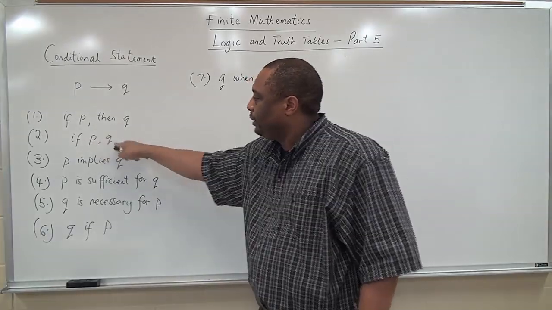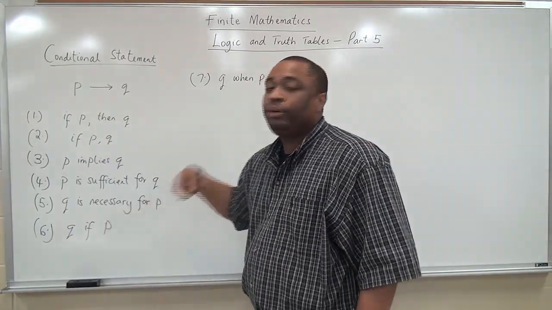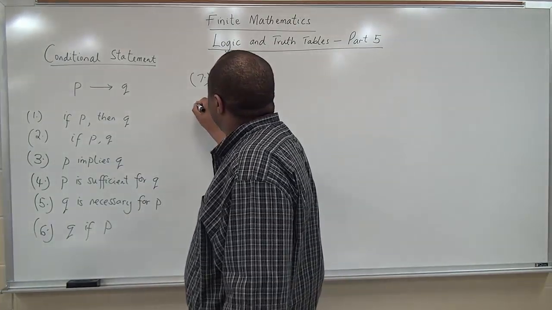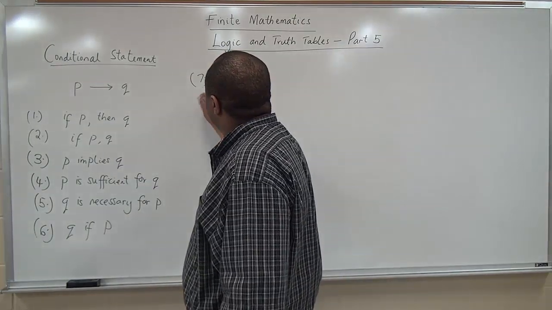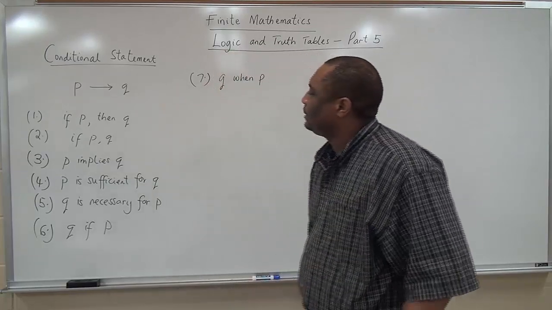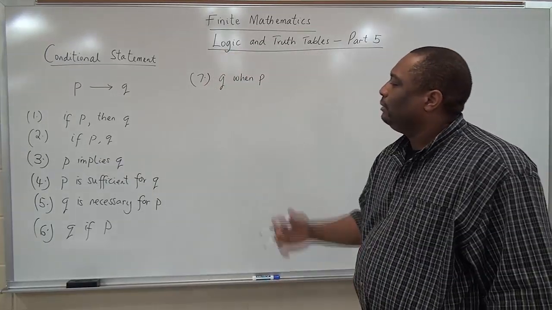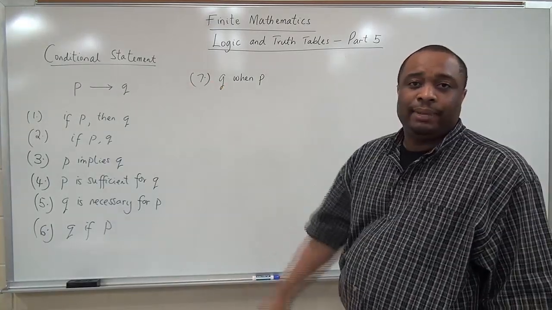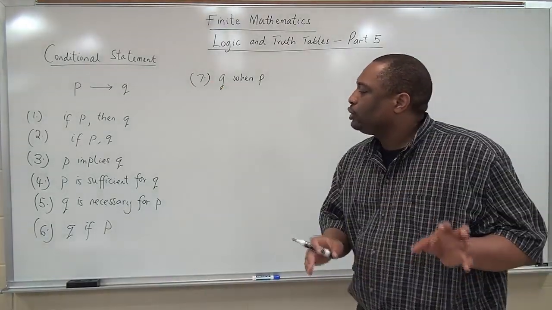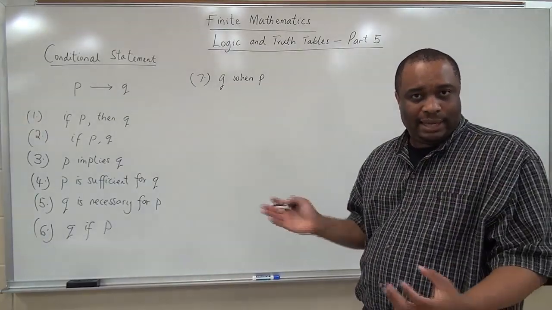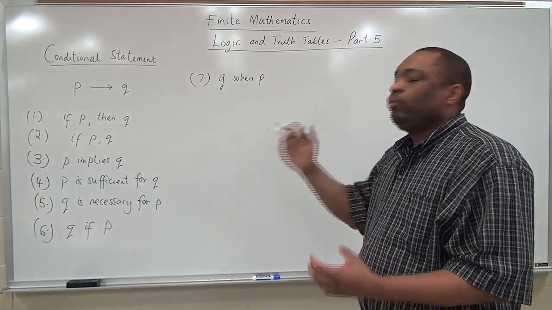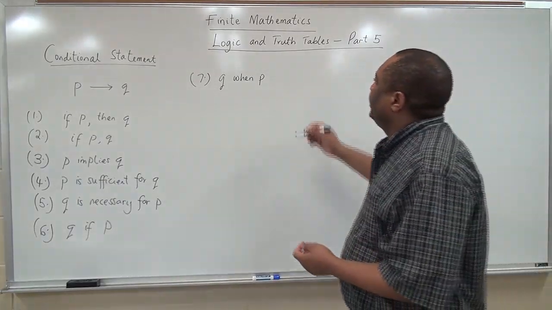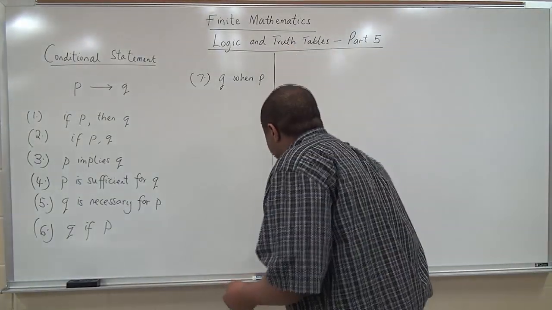This is if P, Q. But this one is Q if P. The next one is Q when P. These are some of the ways you can write this statement. Now, we are going to give an example, then we can go to variations of a conditional statement. So, let's go ahead and give an example.